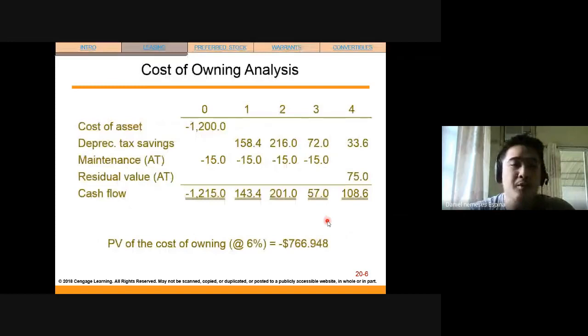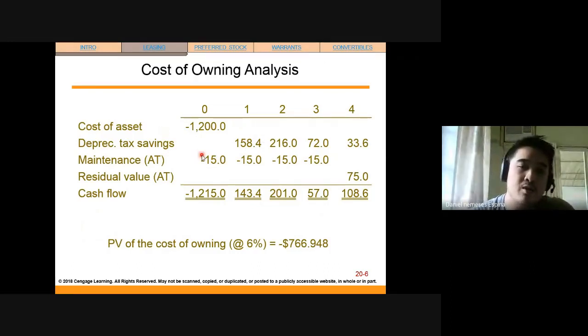So I hope you can still remember how to compute the present value. So this is the cost of owning. At year zero, or today, we're going to buy the asset at 1,200,000. So that's why there's a negative, because this is a cash outflow.